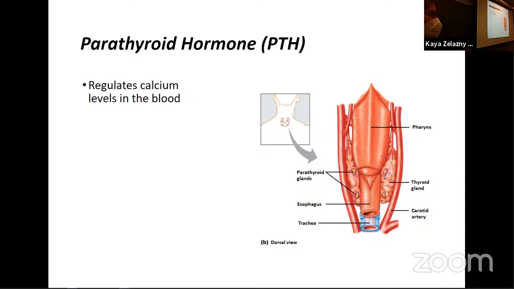So if you have surgery to remove any parts of your thyroid gland, sometimes they actually relocate these parathyroid glands. Sometimes they'll move one to your arm or something so that you still have this regulatory effect on calcium, even if they're messing with this area.